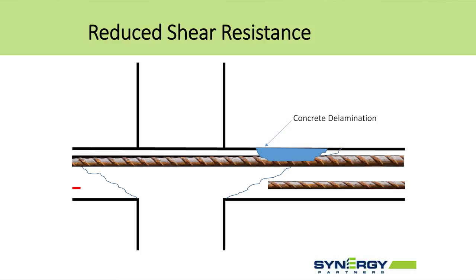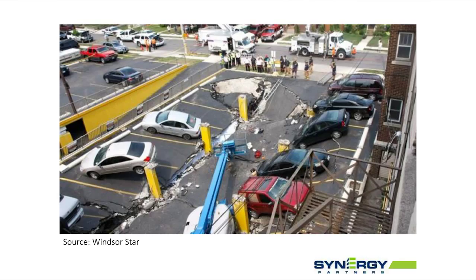And this can lead to a phenomenon called punching shear, where the slab will not fail slowly, but it will fail abruptly and suddenly. And I think you've probably seen some of these cases where we have had some garage slab collapses, and this is a garage that was in Windsor that collapsed.